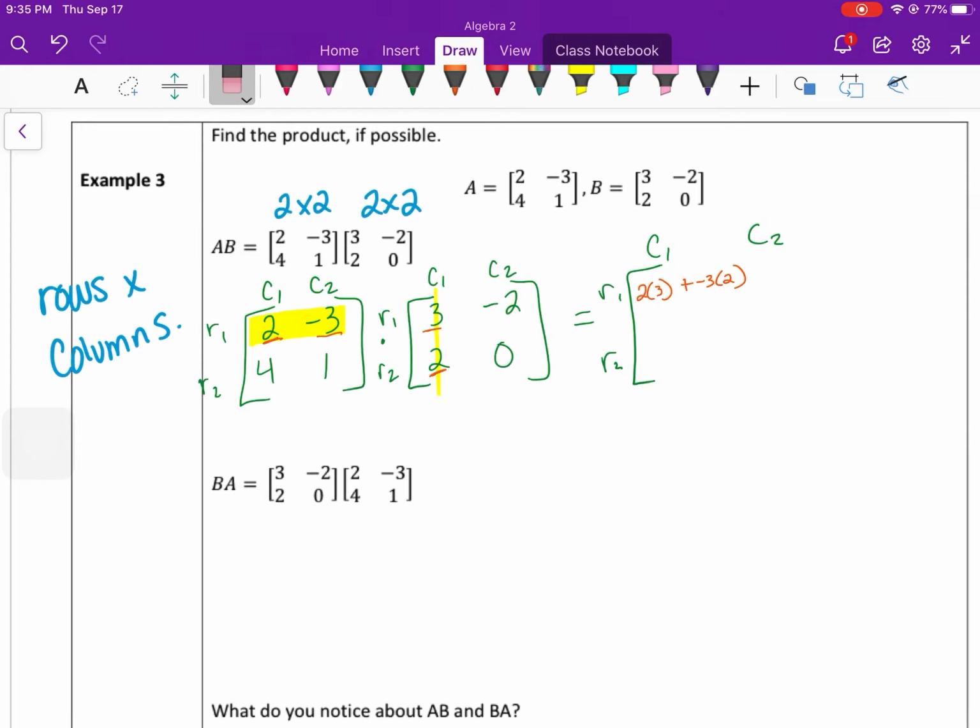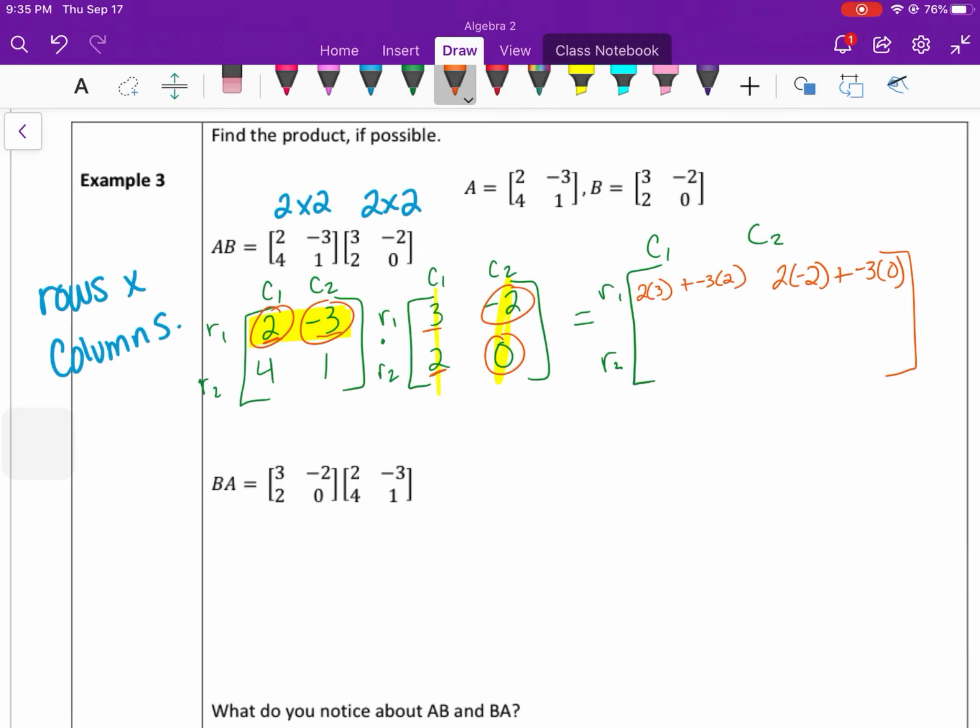Then you take row 1 again, this time times column 2, and that will go in the row 1, column 2 spot. You're going to take the 2 times the negative 2, so the first one times the first one, and then plus negative 3 times 0.